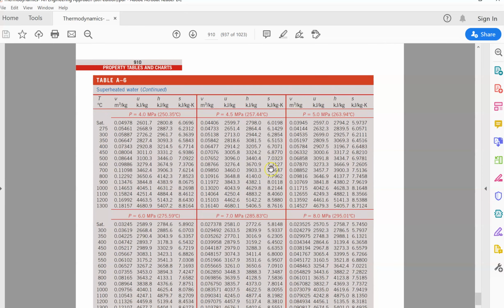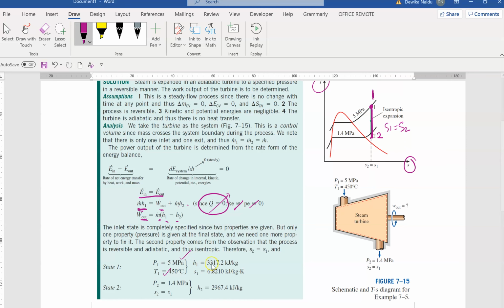There you go, 5 megapascal, temperature is 450. You're very lucky because you have the exact values here. Our priority is the h and the s, so copy those two values and bring them here. You have the h and you have the s.